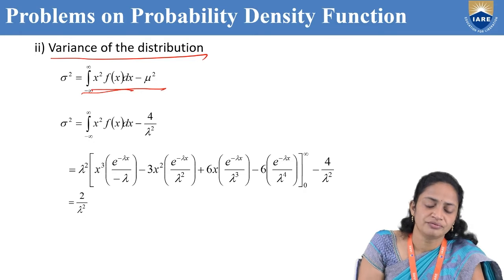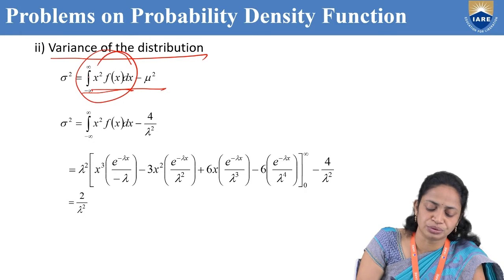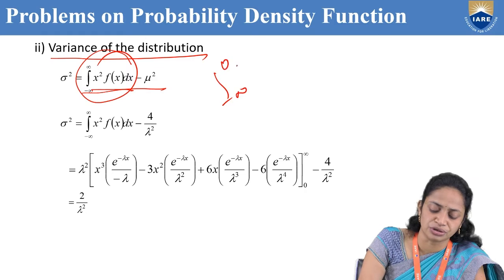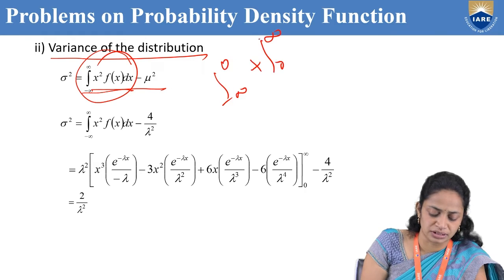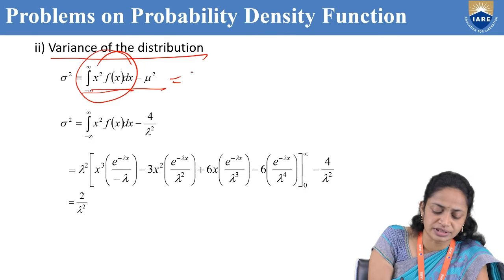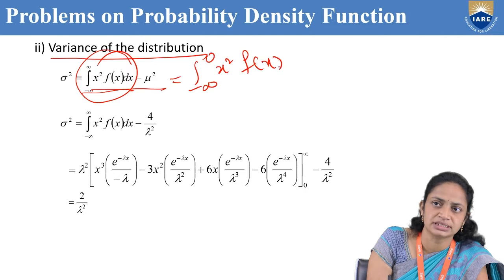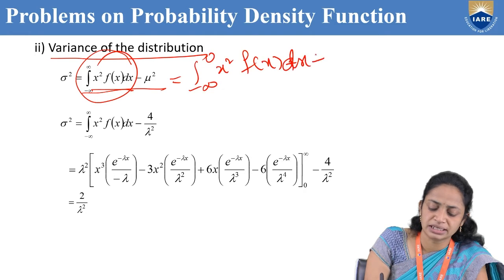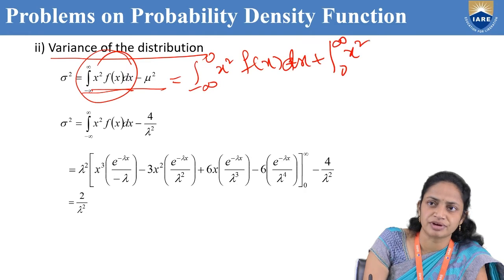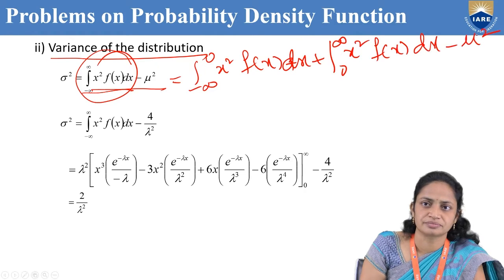Now we have to split the limits into two cases, that is minus infinity to 0 and 0 to infinity. So this can be written as the integration from minus infinity to 0 of x square f of x dx plus the integration from 0 to infinity of x square f of x dx minus mu square.